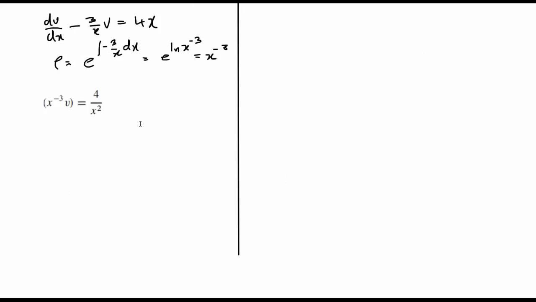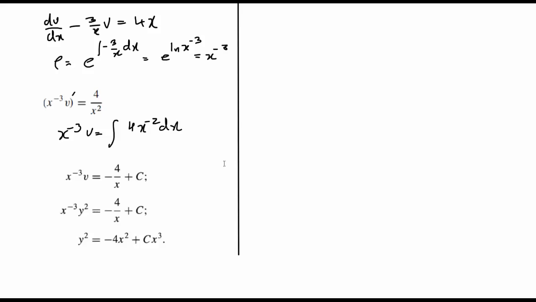Here you'll see basically the derivative of that is equal to this, so that's just going to be x^(-3) v equals the integral of 4x^(-2) dx. Very easy to finish. So just for completion, I've shown it here. There we've got the solution, and it's done.